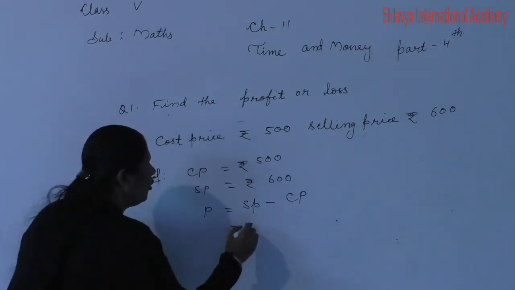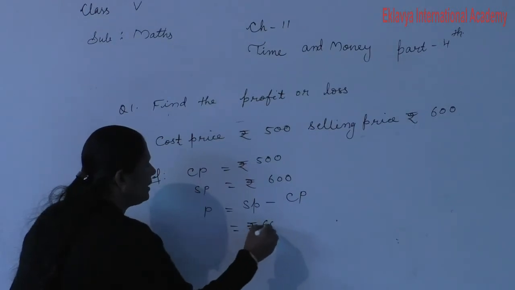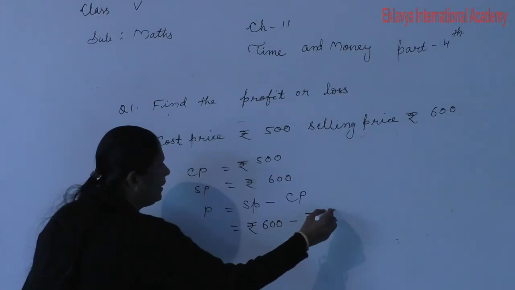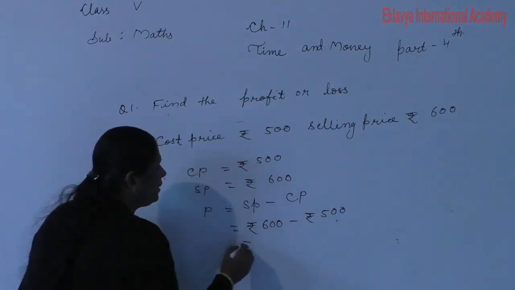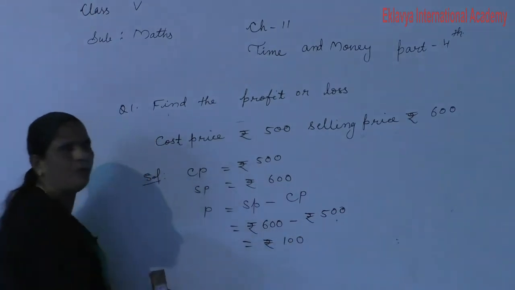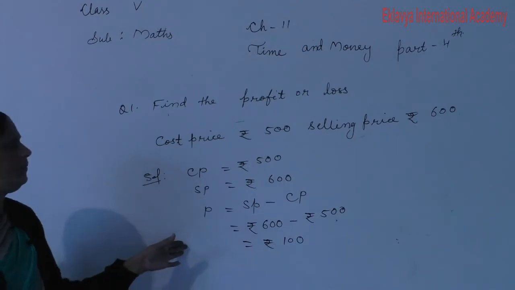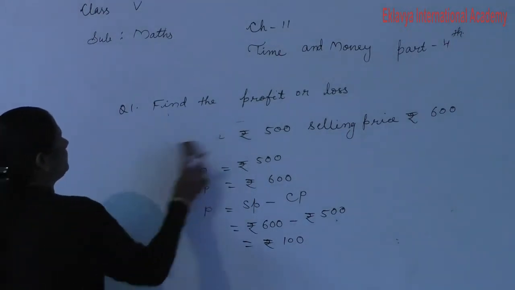That is rupees 600 minus rupees 500. Then you get rupees 100. This is our profit. Do you understand? This is the solution.